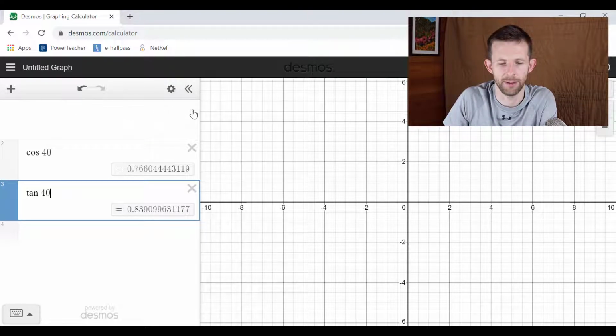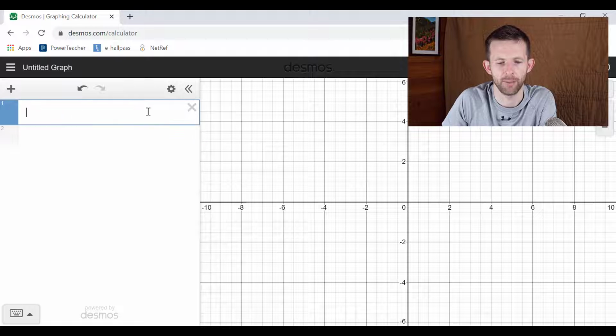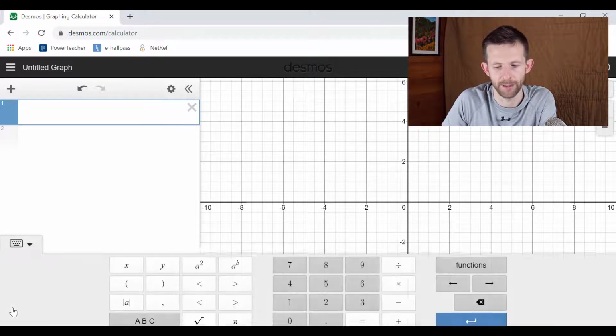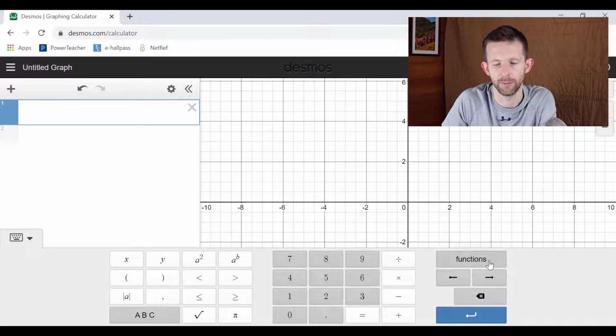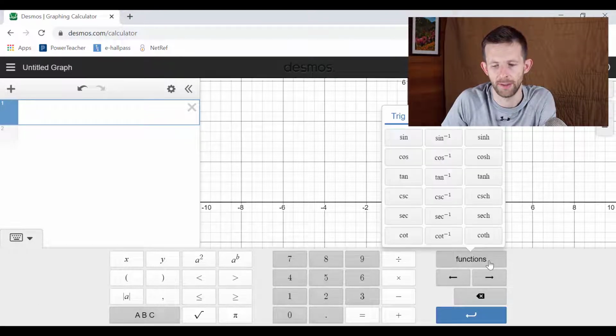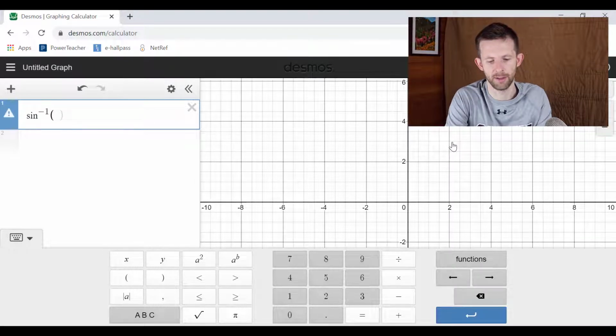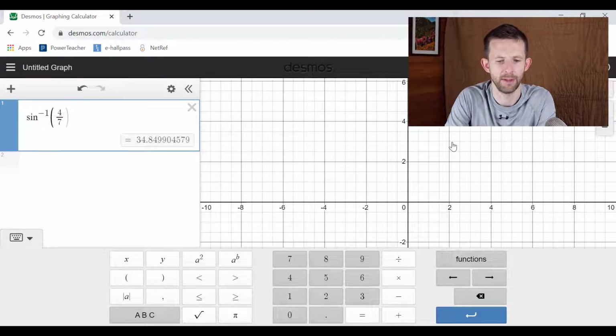For now, I'll show you how we're going to apply that later. I'm going to bring up the keypad, go to functions, and here are my inverse trig functions. So the inverse sine of, for example, 4/7 is 34.85.